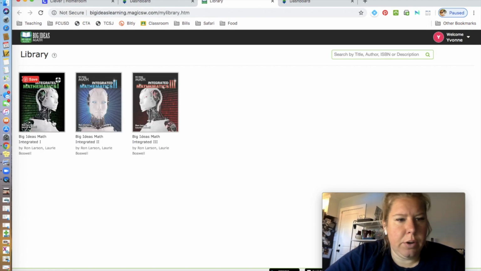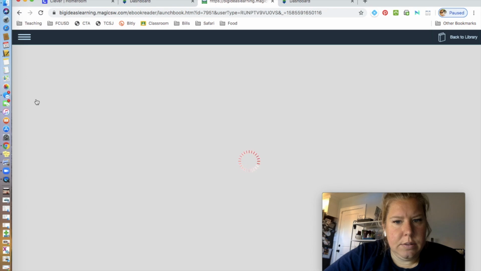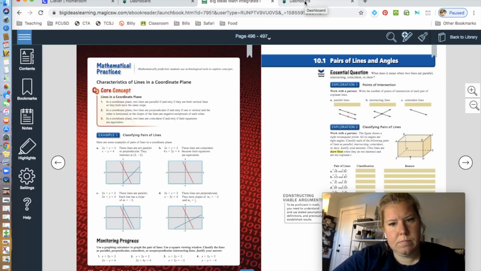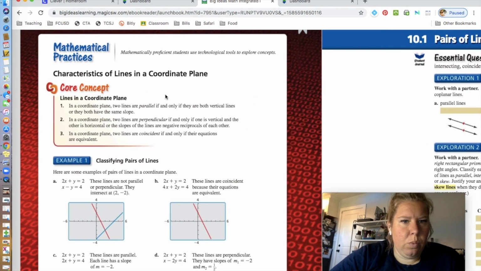So it's this book right here, Big Ideas, Integrated 1. This is the book we are working with right now. And we're looking at the characteristics of lines on the coordinate plane.